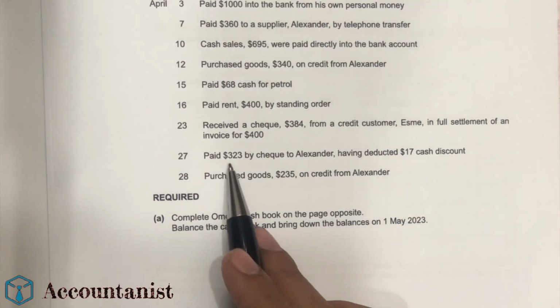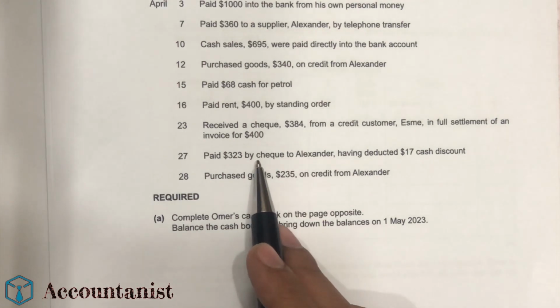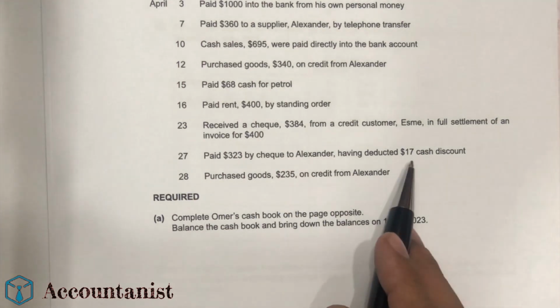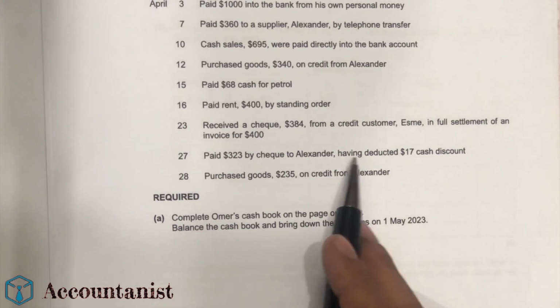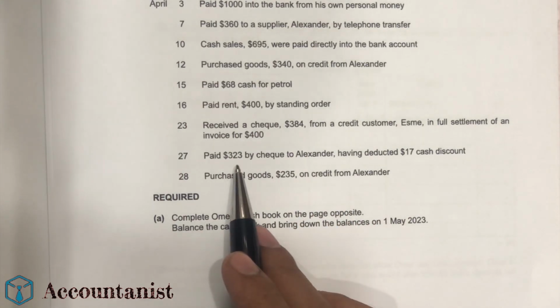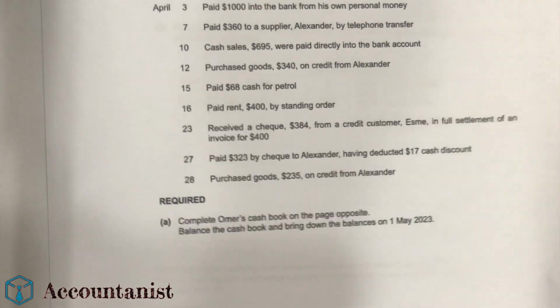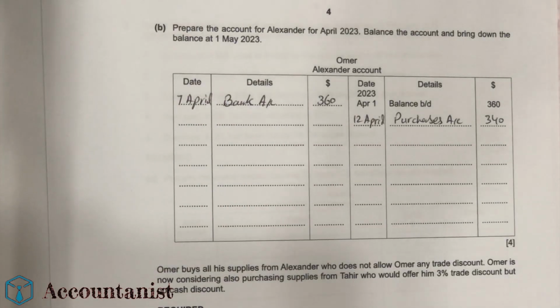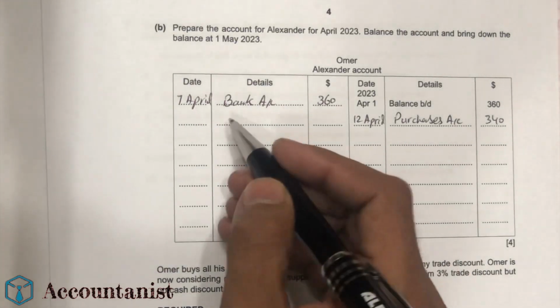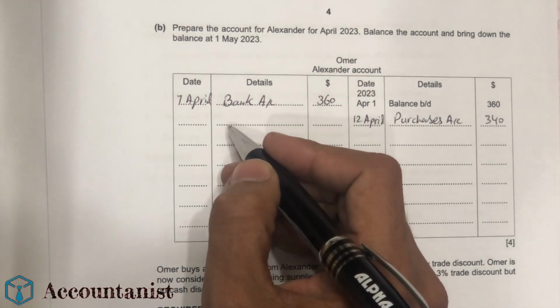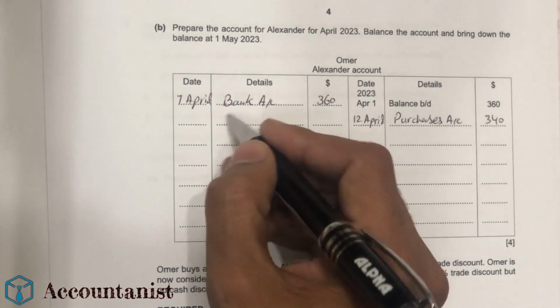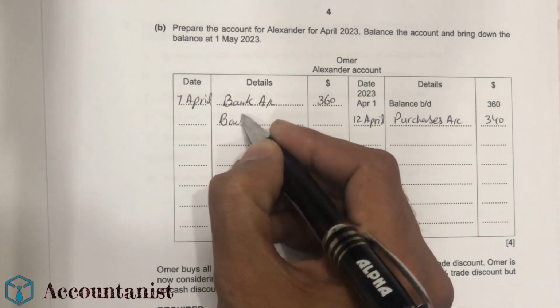As we paid this, the bank account is going to be credited, and there is a discount received, so that is also going to be credited, and it will be debited in the Alexander account, as we can see in the cash book that we have done in the transactions. So the bank will come up here because it's a payment, so in the Alexander account, it will come up on the debit side.